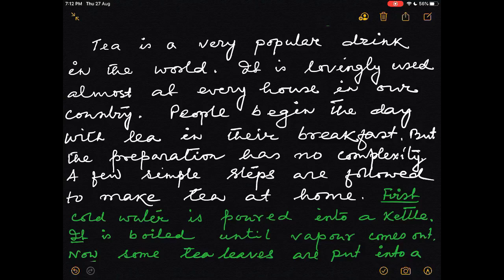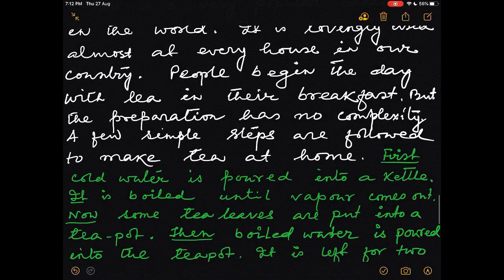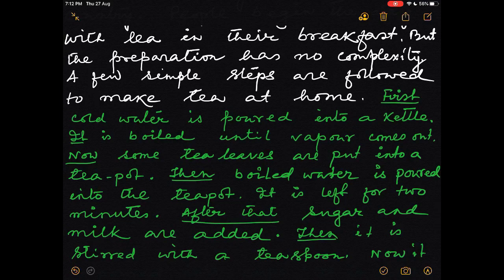Tea is a very popular drink in the world. It is lovingly used almost at every house in our country. People begin the day with tea in their breakfast, but the preparation has no complexity. A few simple steps are followed to make tea at home. First, cold water is poured into a kettle.